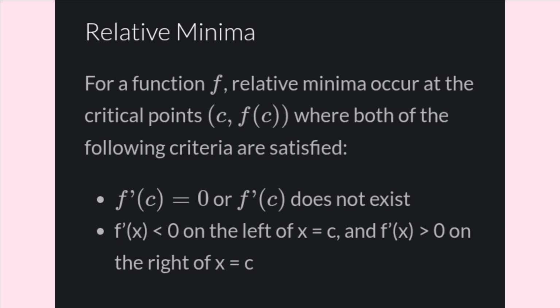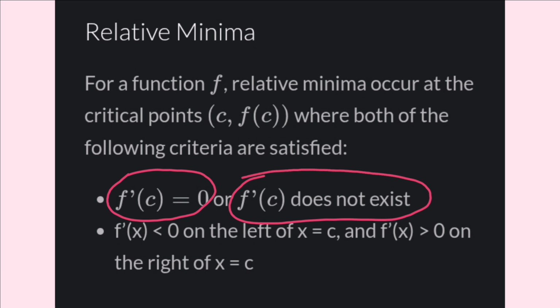First criteria is f dash of c is equal to 0 or f dash of c does not exist. So this is the definition of a critical point. Now further we categorize this critical point.